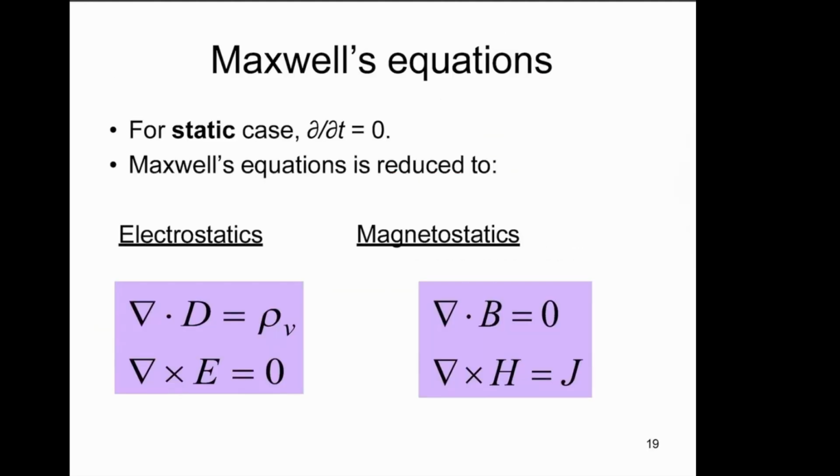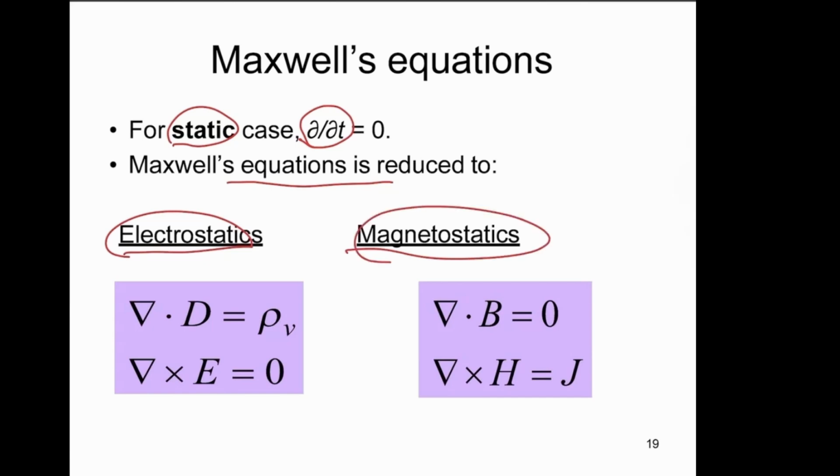For the static case, d/dt means that we consider there is no change with time, so we consider d/dt equal to 0. Then the Maxwell equations are reduced, and we can split them into two categories, electrostatic and magnetostatic.